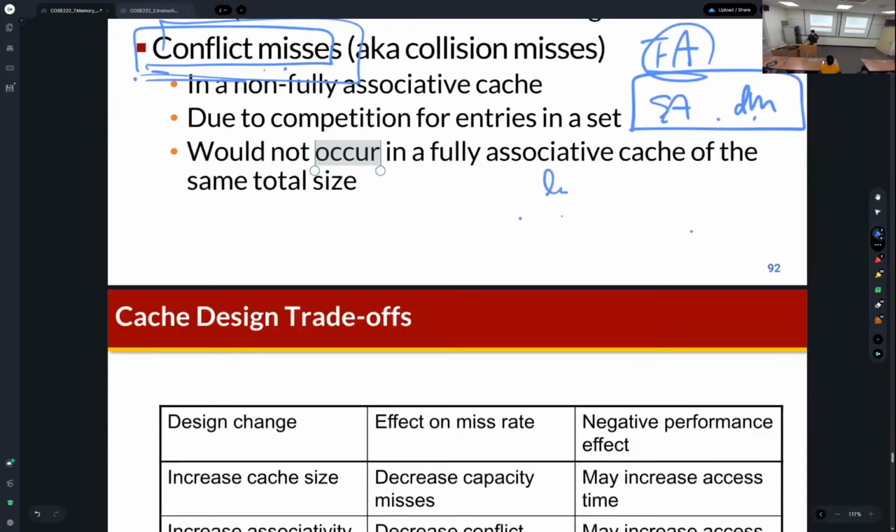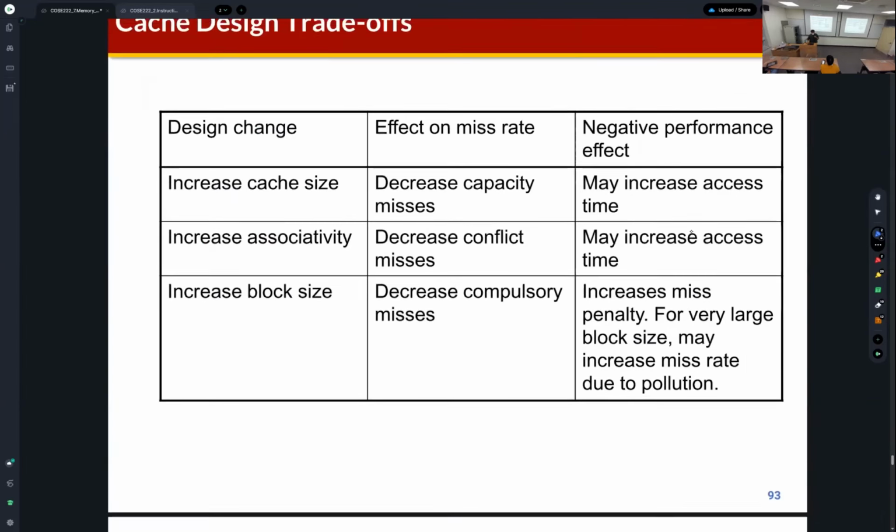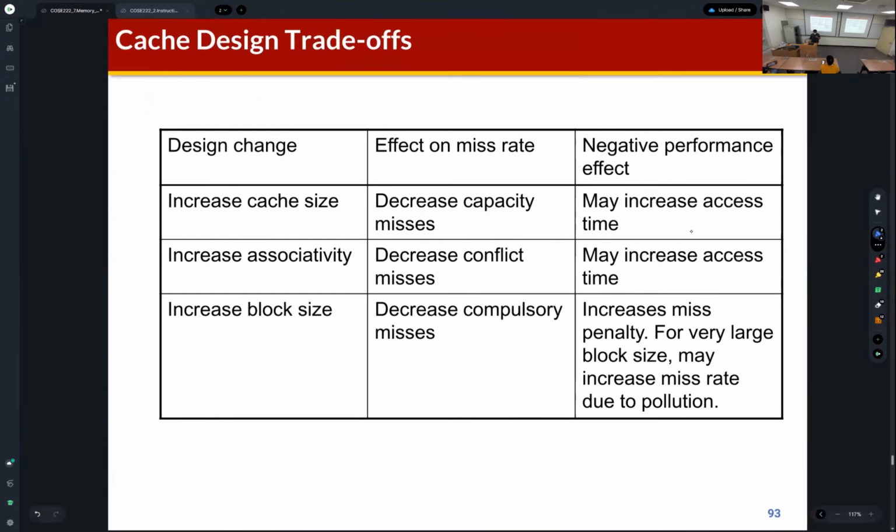When we organize the cache, we can change the cache configuration. We can configure the cache size, we can change the cache associativity, and we can change the block size.